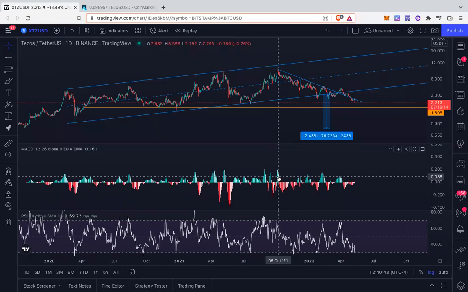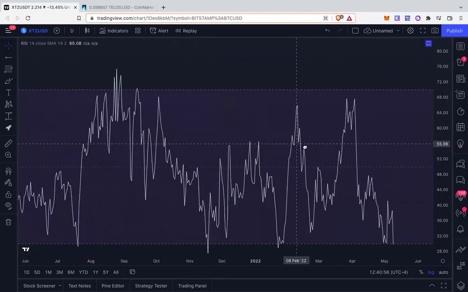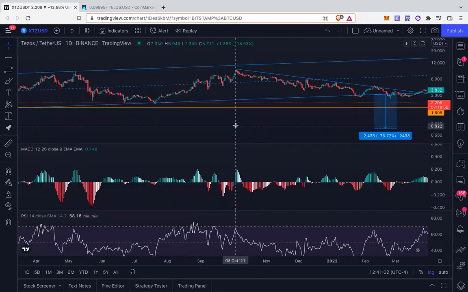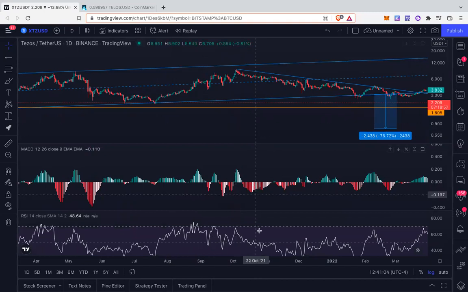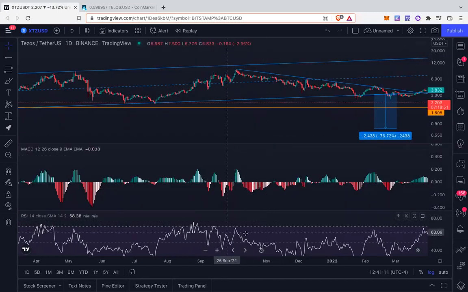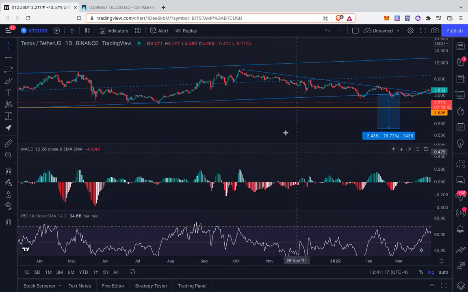At the top there wasn't on the daily, not on your MACD, but on your RSI you can start to see that every new high we consistently were making lower peaks, especially on your last high. RSI didn't get over 68. That's quadruple bearish divergence on your RSI, 4 peaks and 4 new highs.